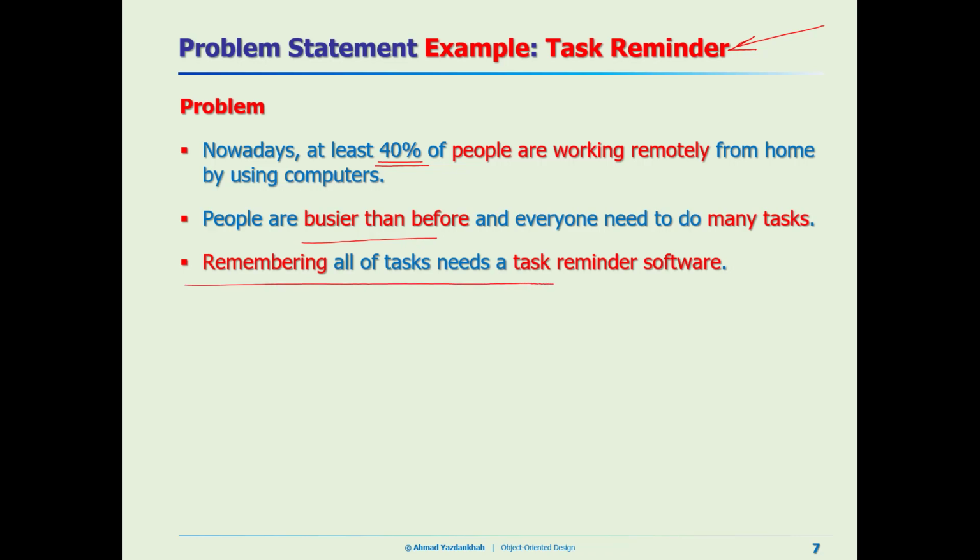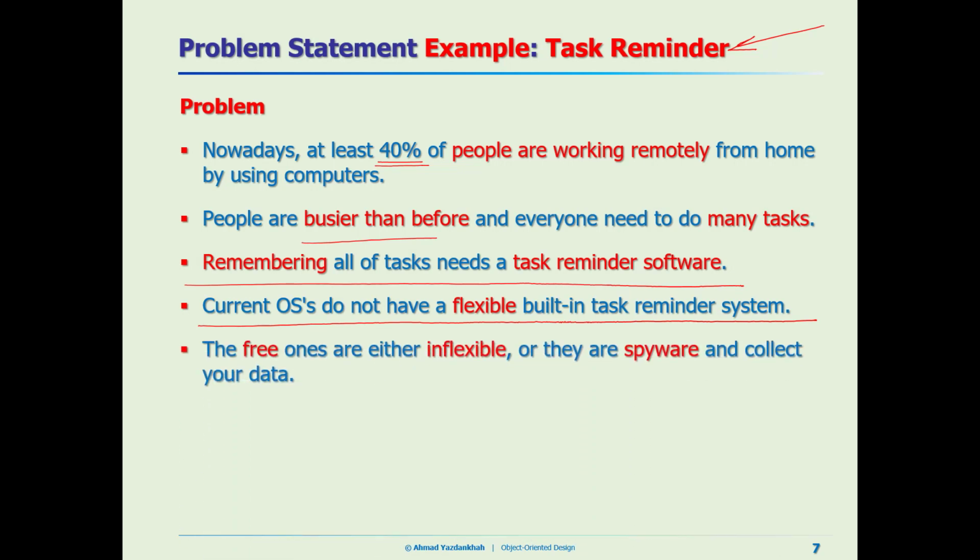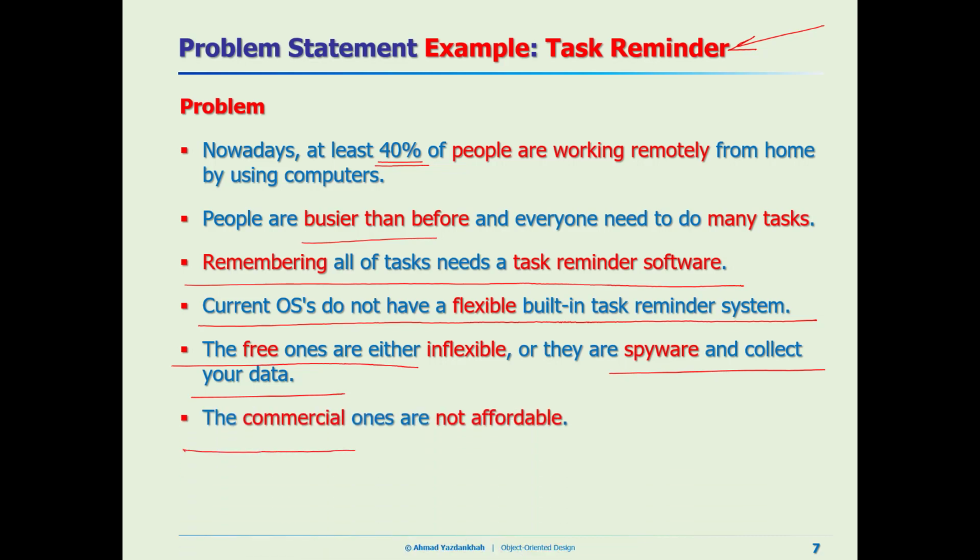Remembering all the tasks needs a task reminder software, and current OSs do not have a flexible built-in task reminder system. And if we go for the free stuff, the open source ones are either inflexible or they are spyware. Yeah, all negative things. You see, we are describing how negative this current world is. And the commercial ones are not affordable.